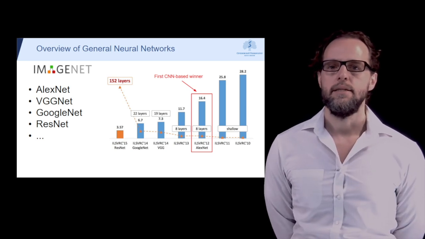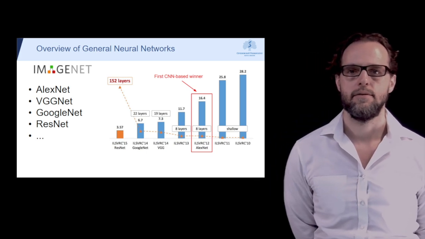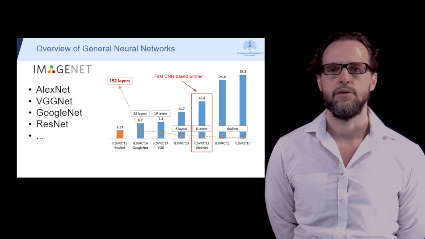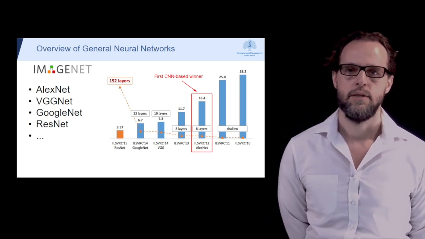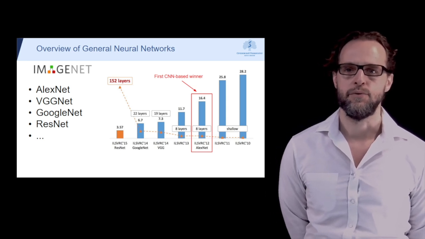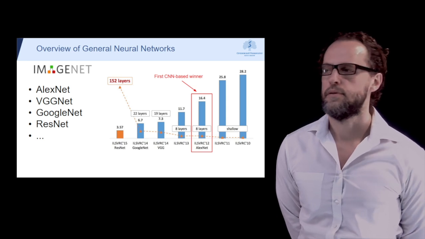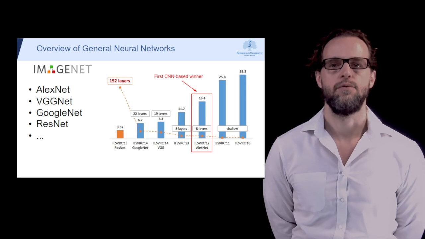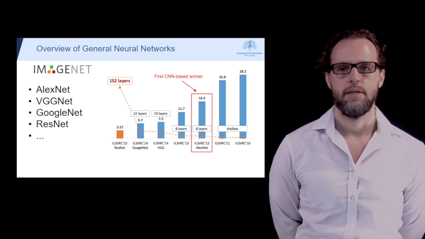We begin our review with a public dataset that has stimulated the creation of many of the neural network architectures that are now widely used. The reference dataset is called ImageNet, and it contains a huge number of manually classified and annotated images.